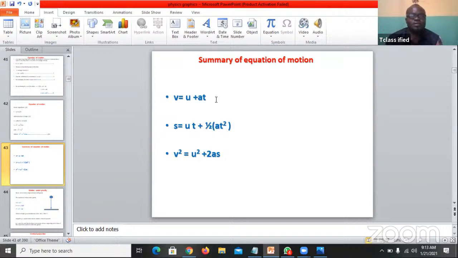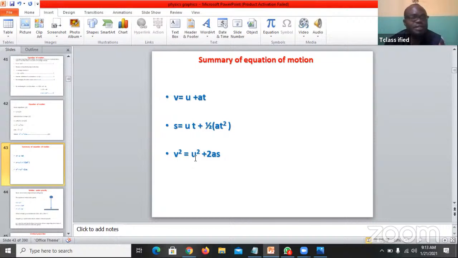That is the first equation. Then this other equation, S is equal to UT plus half AT squared. So S here simply means distance. It's equal to initial velocity times time plus half of acceleration times time squared.